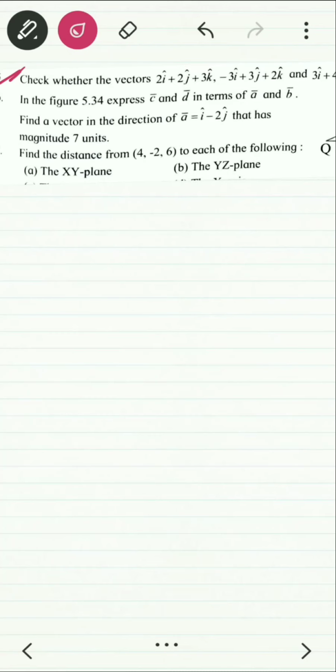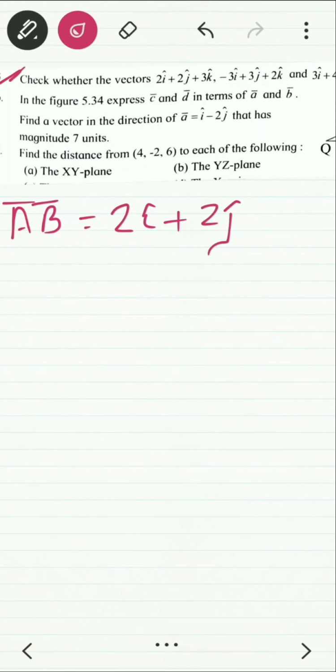Suppose we write the vector AB in terms of the given first one. Later on, when we learn theory, I'll tell you again how vectors can be expressed in terms of i, j and k. For now, we are going to use the triangle law. So AB is 2i plus 2j plus 3k.